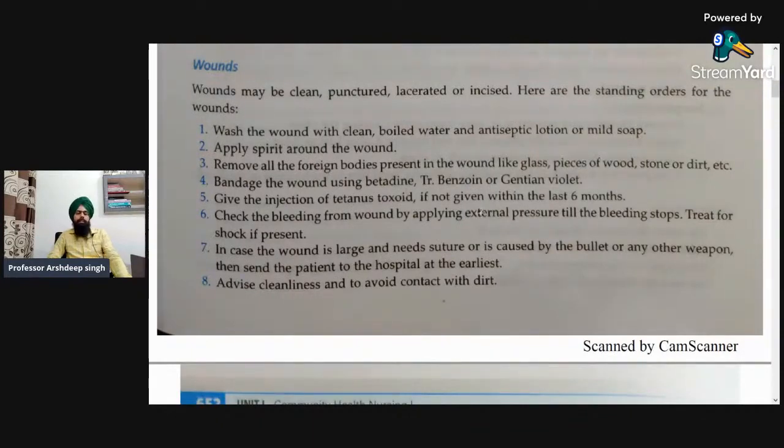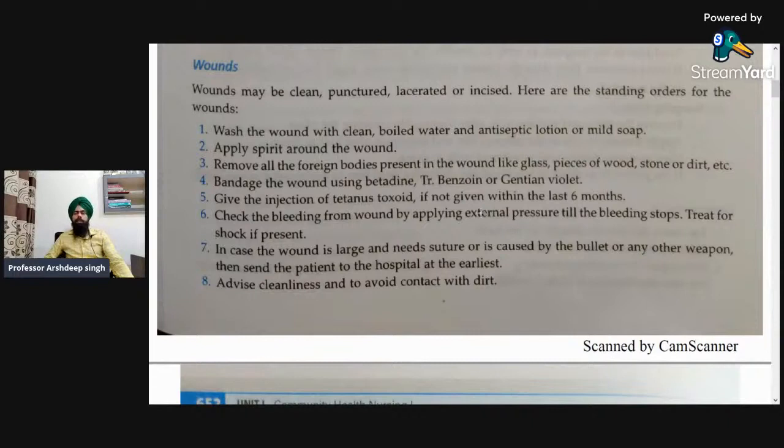Okay. Next, give the injection of tetanus toxoid. That is a must, because some of the injuries or wounds on the body may cause tetanus. So to prevent that, we have to provide the patient with the tetanus toxoid injection, if not given within the last 6 months.